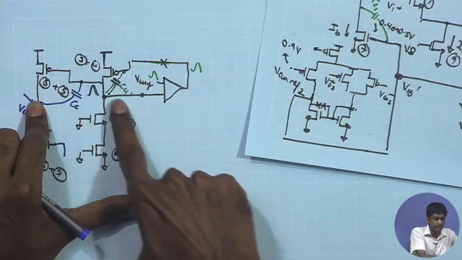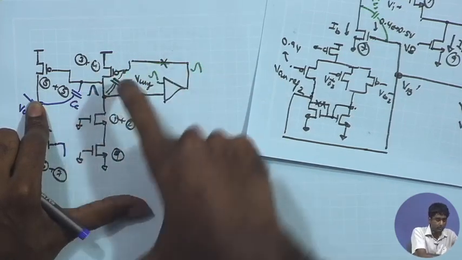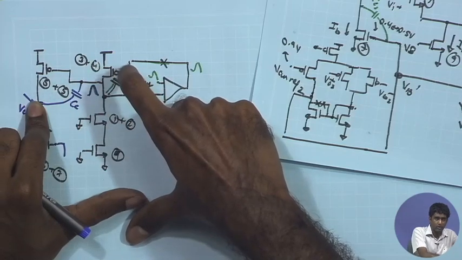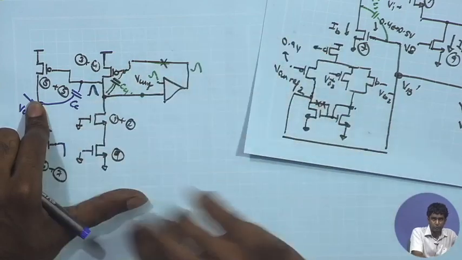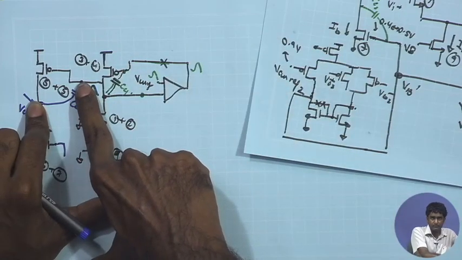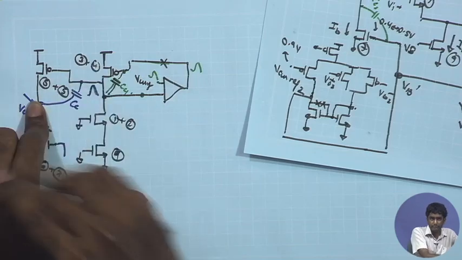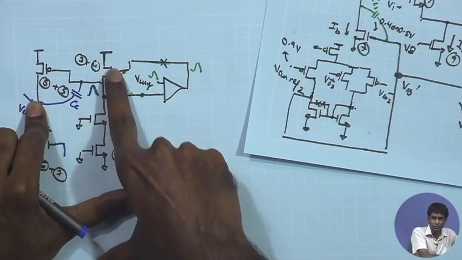So, I only want that for the common mode feedback of the first loop, only CC1 should push the pole over here to lower frequency, not this one. I expect that this pole should be pushed towards higher frequency because of the overall impedance of this node reducing.